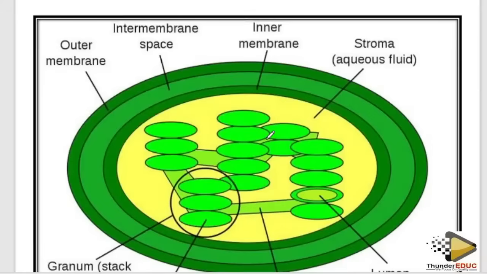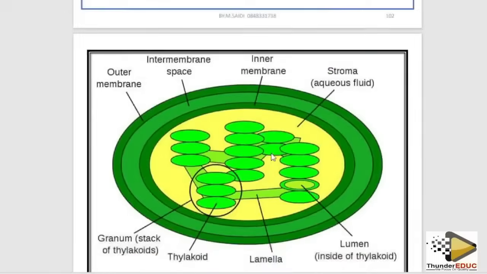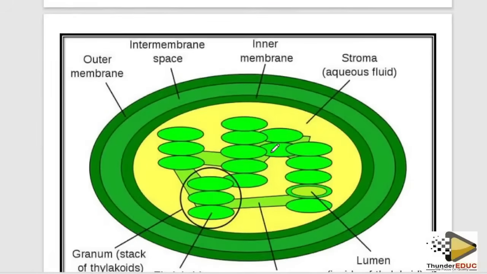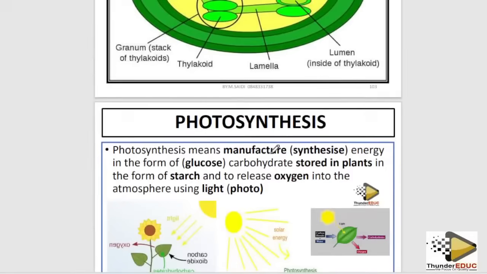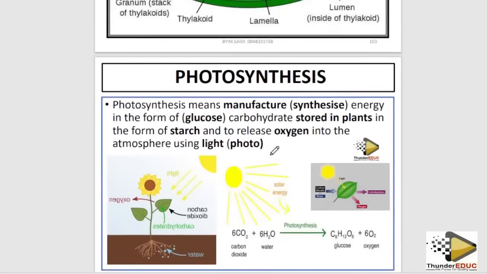Because we brought this in your task, I don't expect this to come back. I'm not saying don't read it, but based on my analysis, we can't bring it in a task and then bring it again in the exam when there is another content we are supposed to look at. So I don't think they'll bring the structure of a chloroplast.